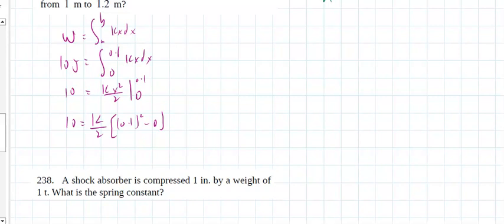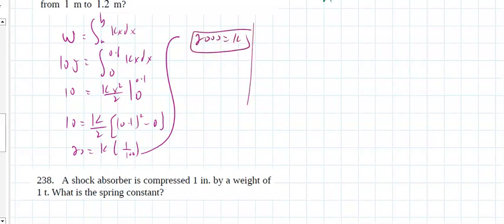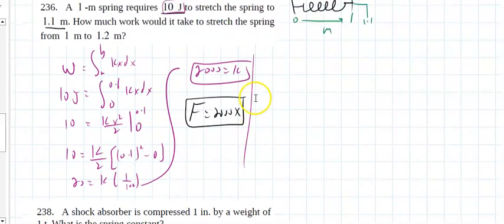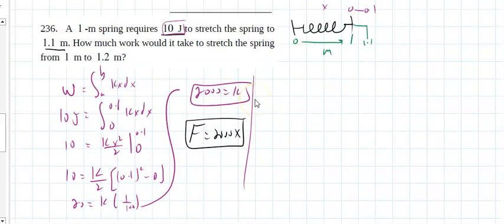And we're looking at 20 equals k times, this is 1 over 10, 1 over 100. So we would say 2000 equals k. And now I know that the force for this is 2000x. They could ask me anything they want, and I could figure out what they want.